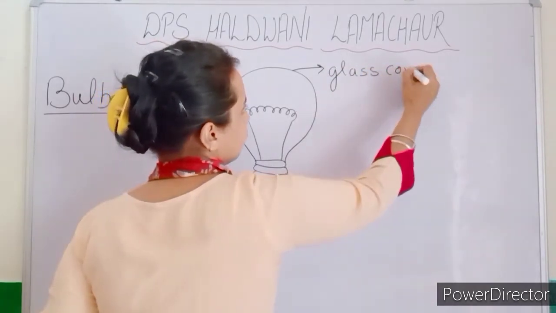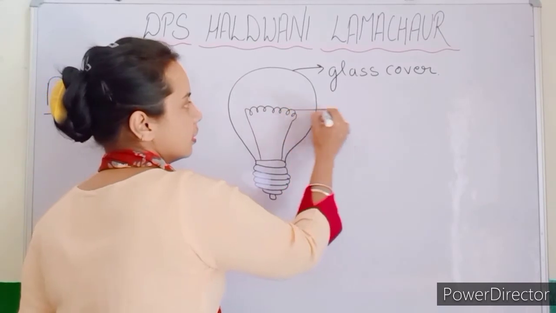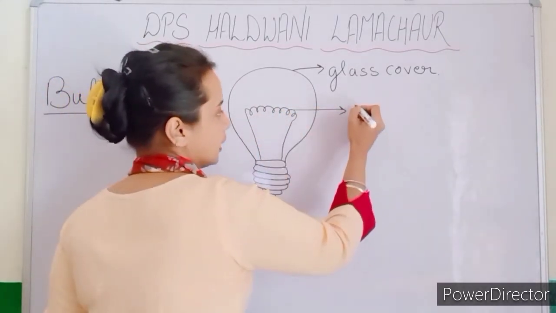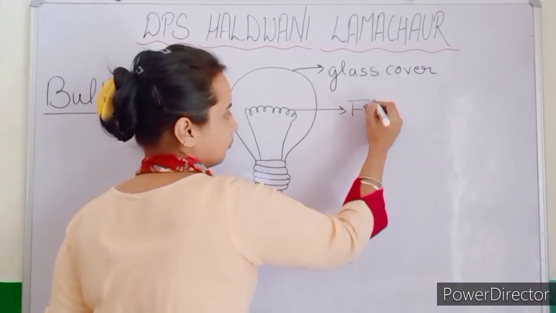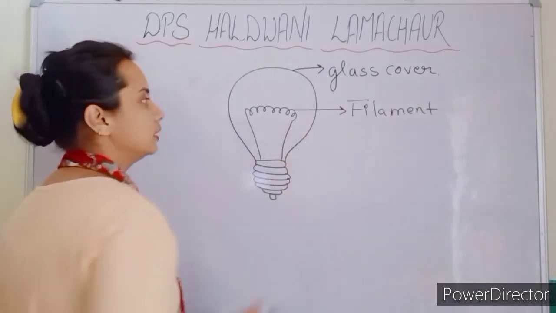Glass cover of a bulb, and this spring-like structure is known as a filament. This is a filament of a bulb. And what is a filament?